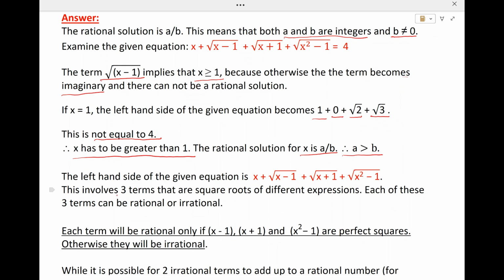This involves three terms that are square roots of three different expressions. Each of these three terms can be rational or irrational.